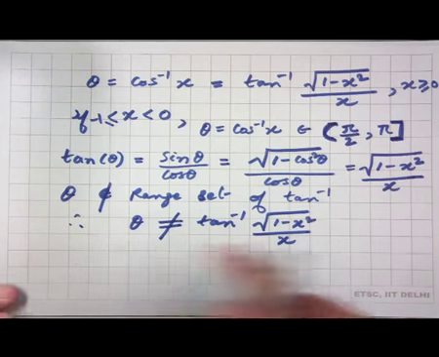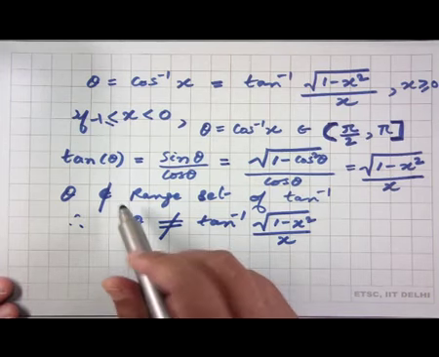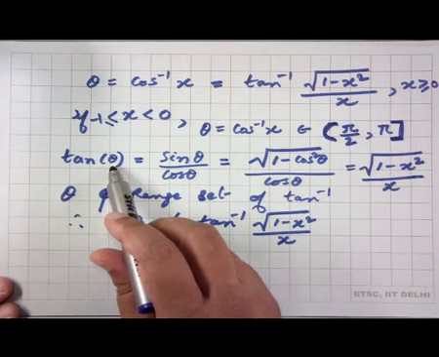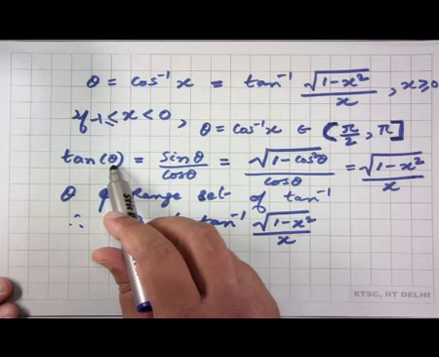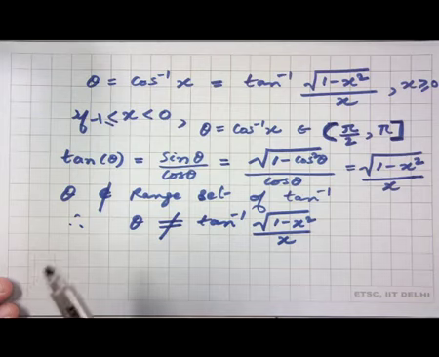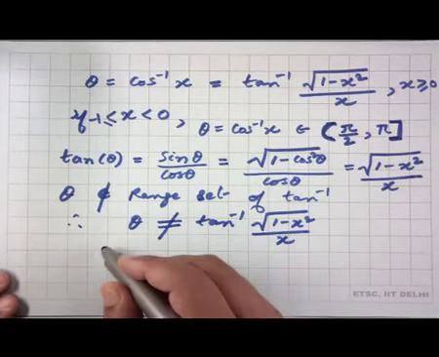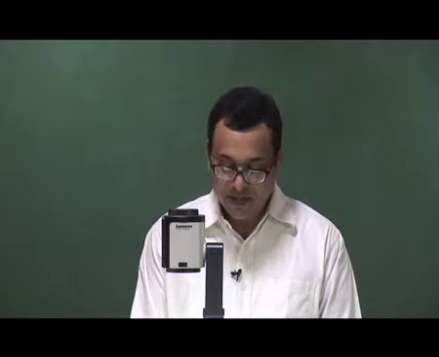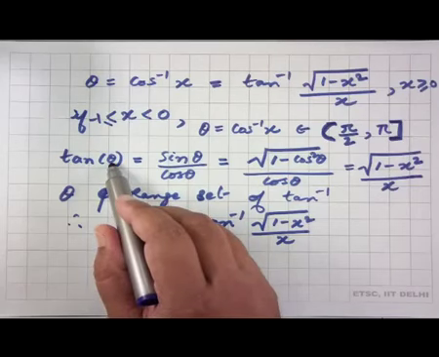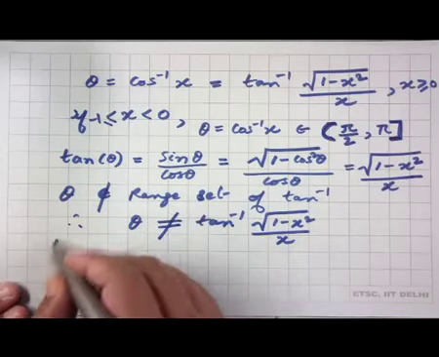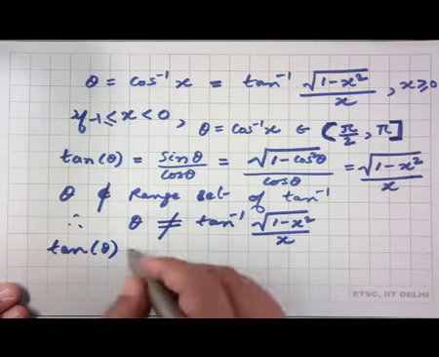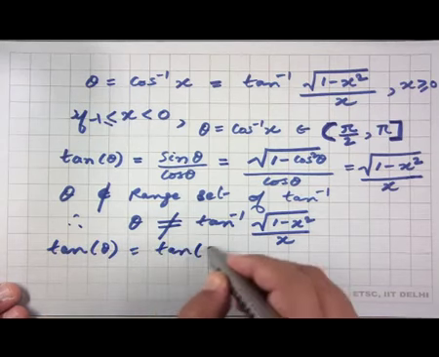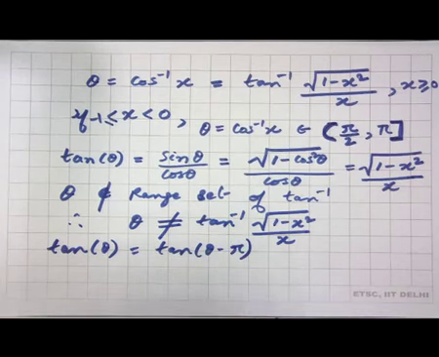So this statement is not true, and therefore we need to apply some shift or some change to theta, so that after applying that shift, the new value of theta belongs to the range set of tan inverse. Now, we know from the property of the tan function that the tan function is periodic with a period equal to pi, and therefore if we subtract pi from this theta, tan theta is the same as tan of theta minus pi.